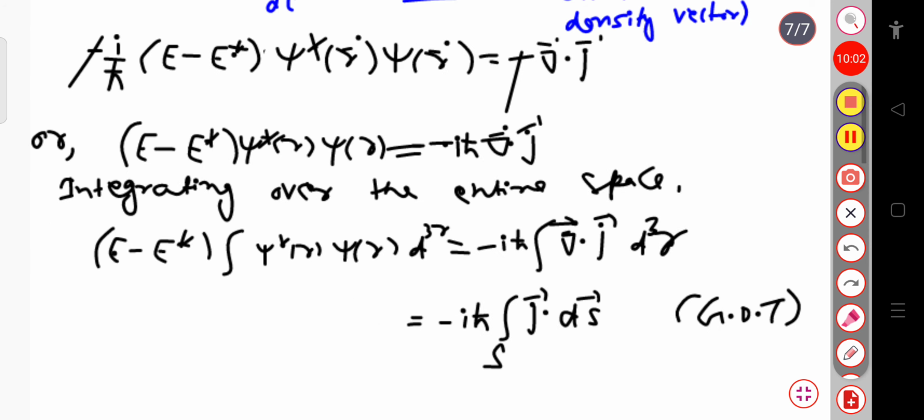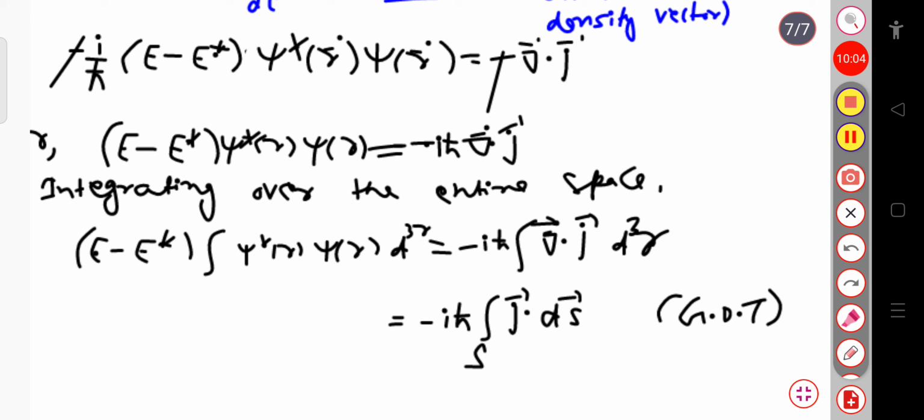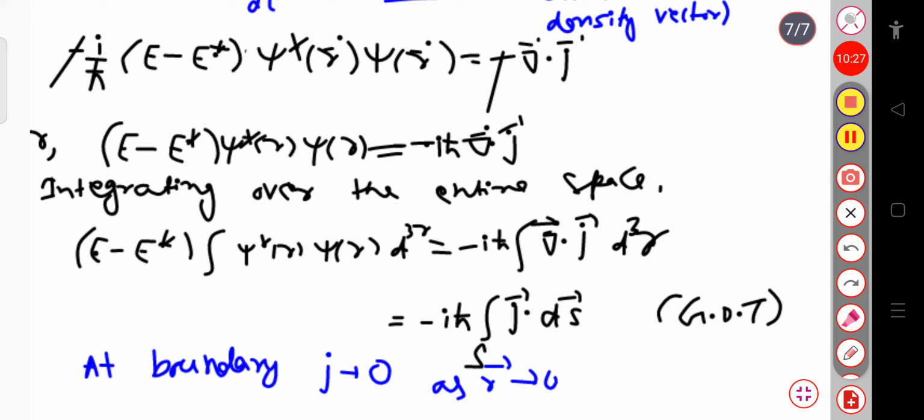Okay, so now simply we can say here this surface integral term, that is at the bounding surface, at the boundary surface, this j term goes to 0 at the boundary. Since S is at infinity, we can consider this j tends to 0 as r tends to infinity. Okay, so here we can write this expression equal to 0, that is e minus e star into integration of psi star of r into psi of r d cube r is equal to 0.